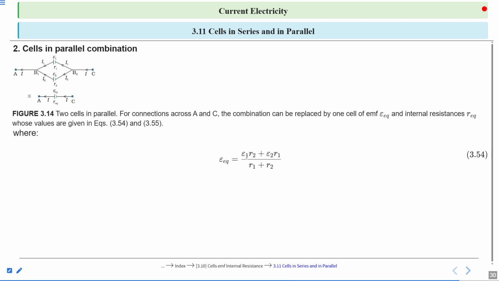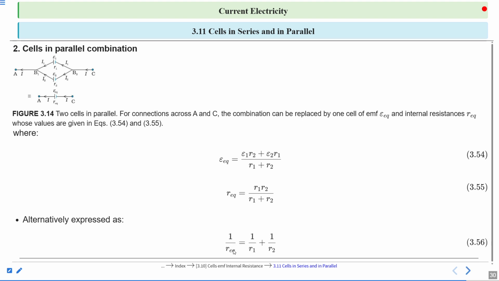So E equivalent will be (epsilon 1 R2 plus epsilon 2 R1) upon (R1 plus R2). Mark it as equation 3.54. And R equivalent will be R1 R2 upon (R1 plus R2). Mark it as equation 3.55. Alternatively expressed as 1 by R equivalent equal to 1 by R1 plus 1 by R2.